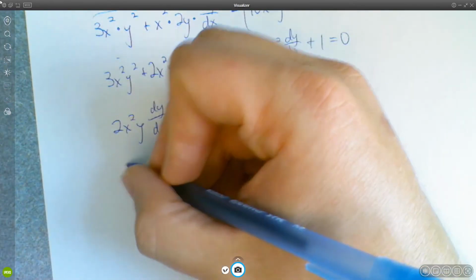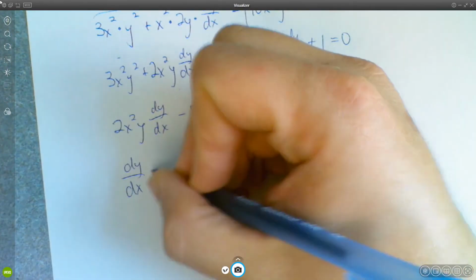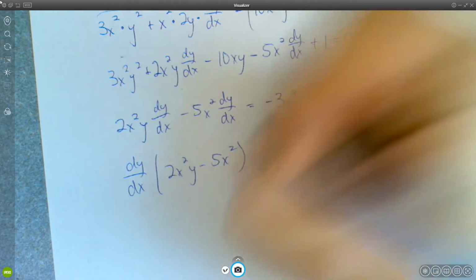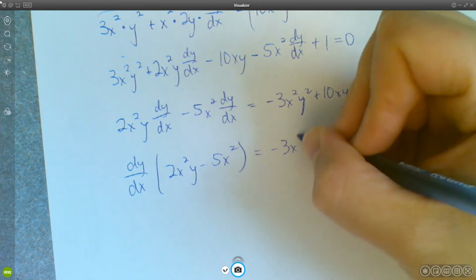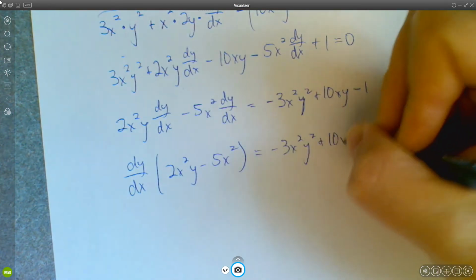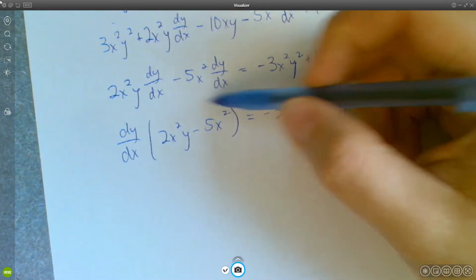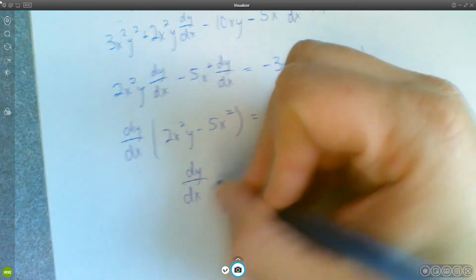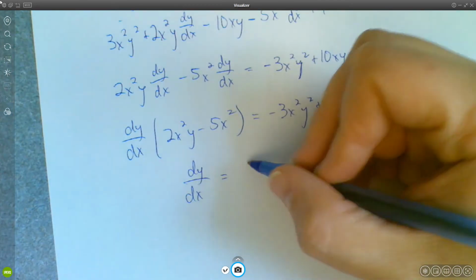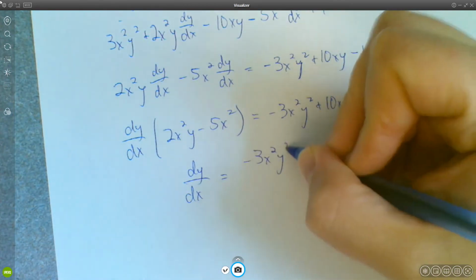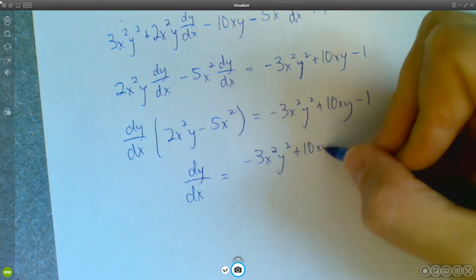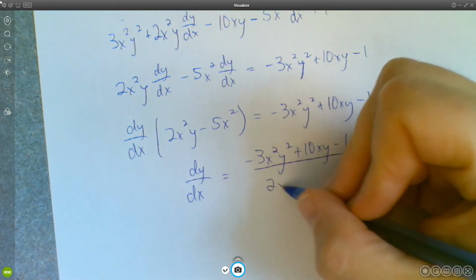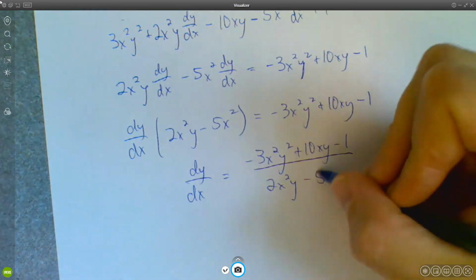Now I can factor out the dy/dx. And then I'm going to divide through by the leftovers, so that dy/dx is equal to negative 3x squared y squared plus 10xy minus 1 over 2x squared y minus 5x squared.